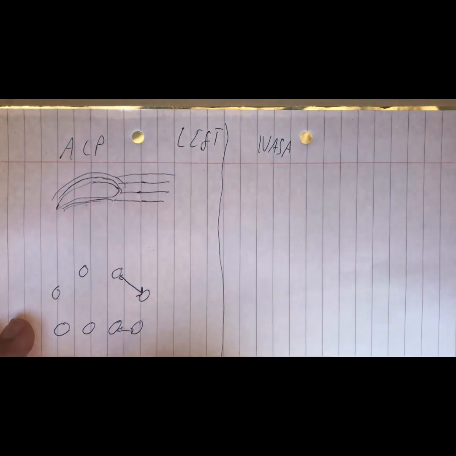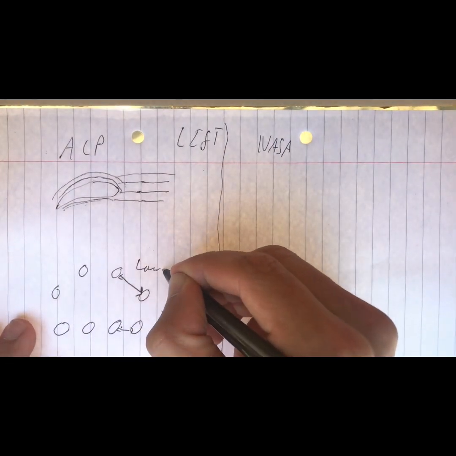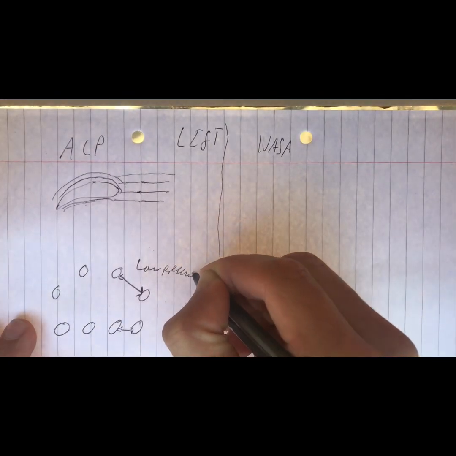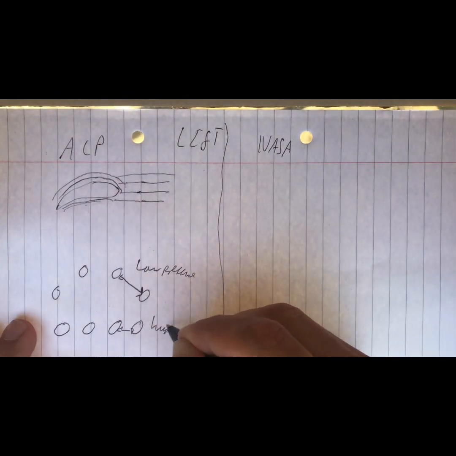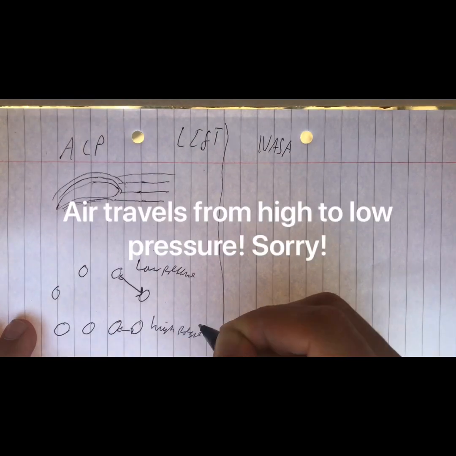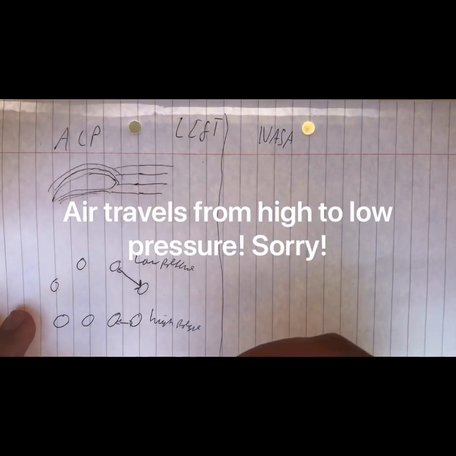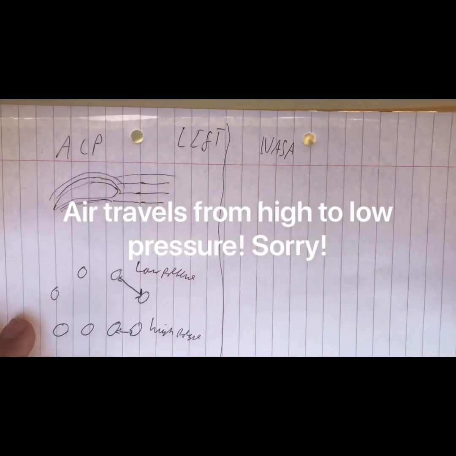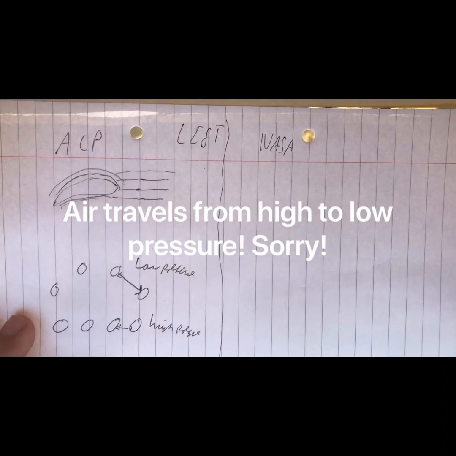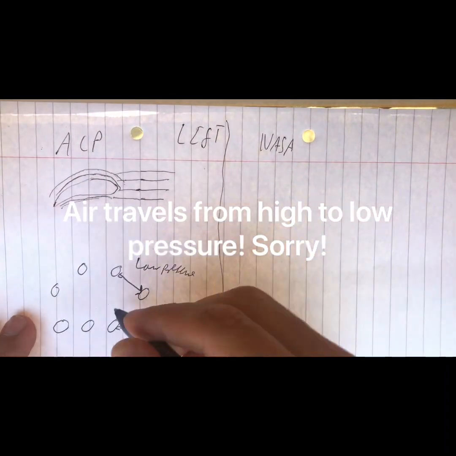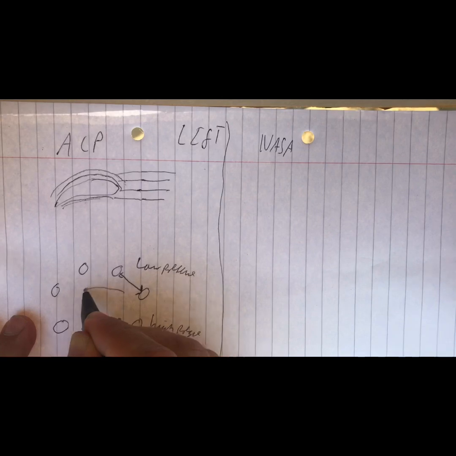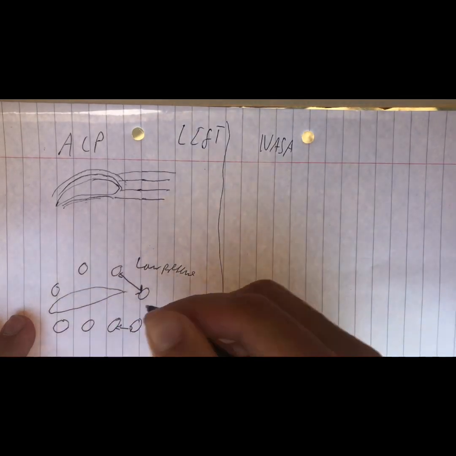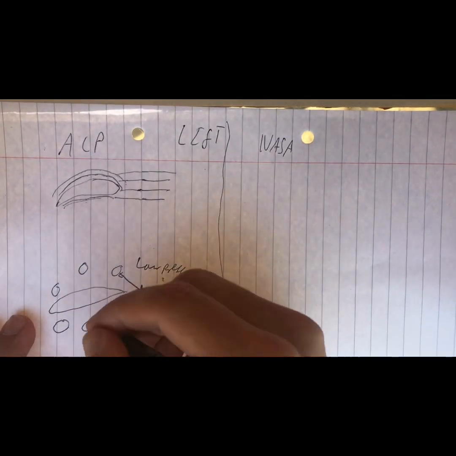Now this creates low pressure above the wing and high pressure below the wing, and air wants to flow from low to high pressure, and so this creates a force over the wing as this air wants to come here.